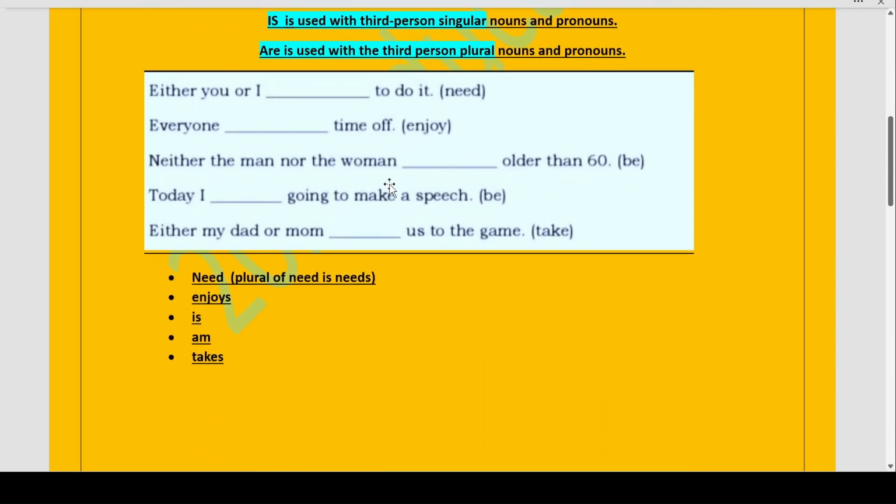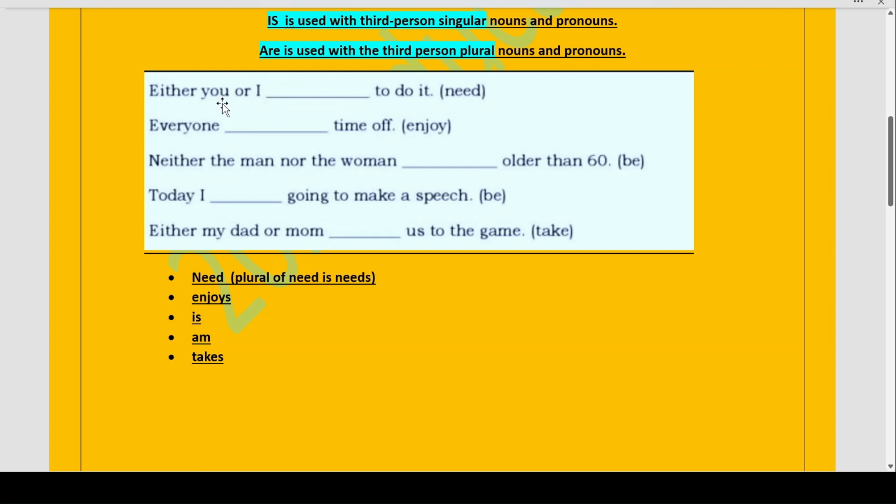First question. Either you or I dash to do it. Need. Now, first of all, this has got a compound subject. That means it has got you and it has also got I as the subject. And what have we read? Any sentence which has got two subjects, then the verb which will follow the subject will be determined by the subject which is closer to the verb.